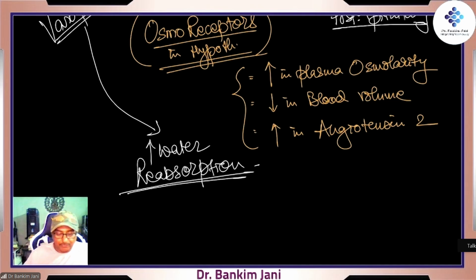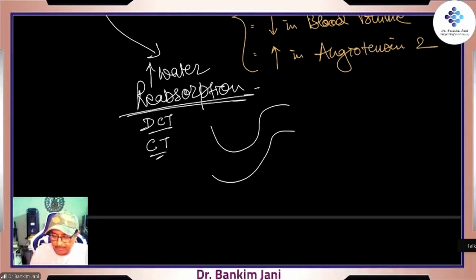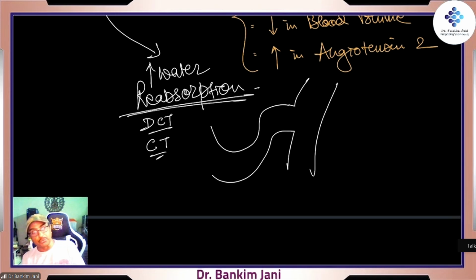But now we are opening the gates, and this also acts on the DCT, the distal convoluted tubule, and the collecting ducts, or collecting tubules. So it is the same place. Now over here, there are specific channels.